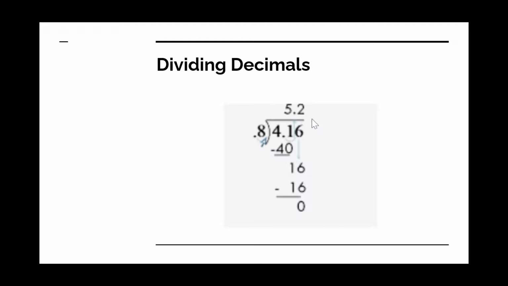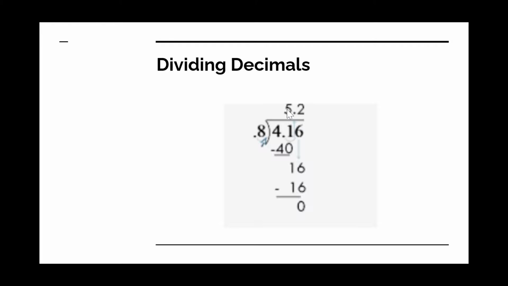Now remember, whenever you're putting the decimal somewhere or a number somewhere when you're dividing, remember it's always at the top. Over here we're dividing by 8, so we're multiplying 8 times 5 equals 40, right? We're not multiplying it all the way from 1/16, right? So 8 times 5 equals 40.